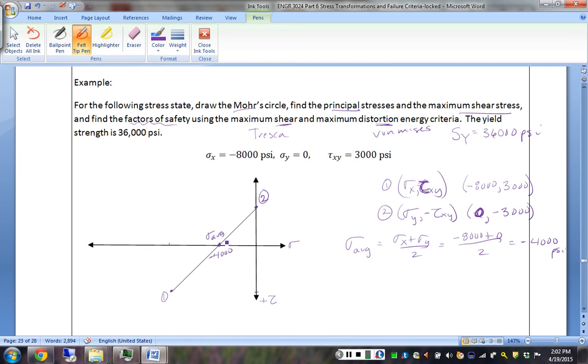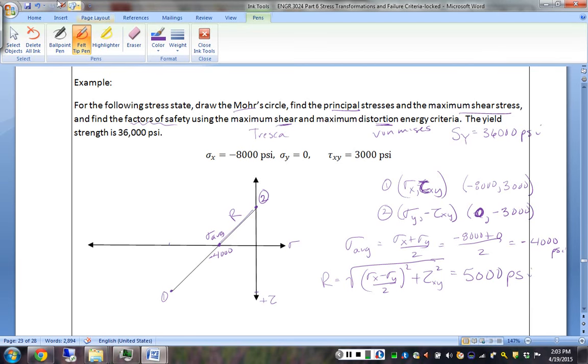Then we need to know the length of the radius of the circle. That is the square root of the difference squared plus the shear squared. And that actually ends up being a 3, 4, 5 triangle. So that's 5,000 psi.